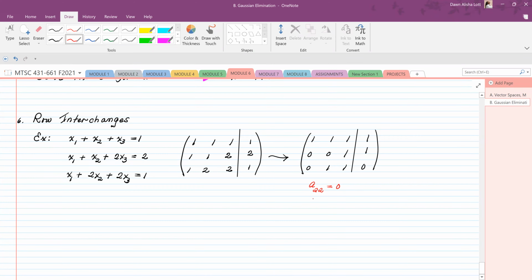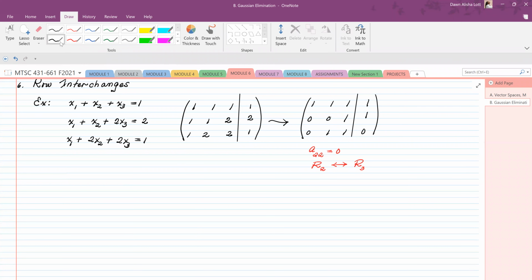So I need to switch row 2 with row 3. When I do that, I end up with 1, 1, 1, 0, 1, 1, 0, 0, 1, which is perfect because I'm ready to back solve. 1, 0, 1. Okay, and then you proceed as before.